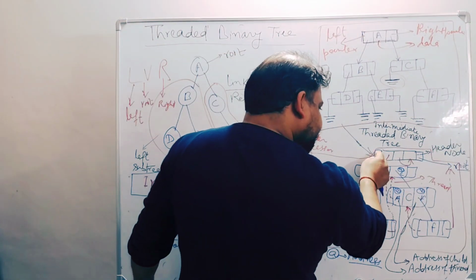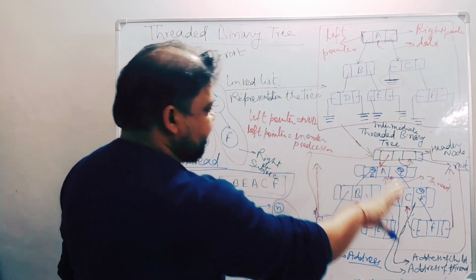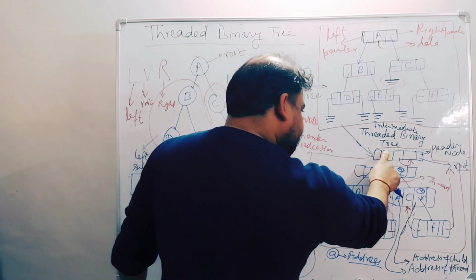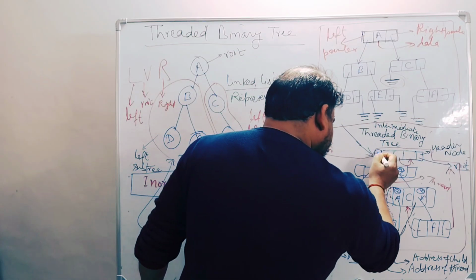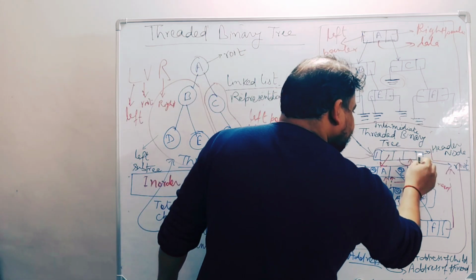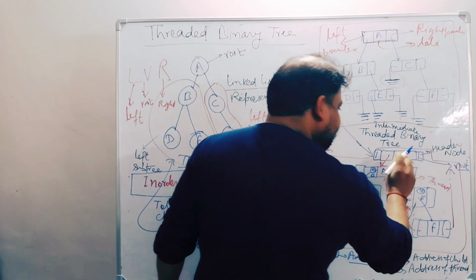This part is called left thread and this part is called right thread, and that will be in each and every node. If you have the left child, your left thread value will be 1, and if you have the right child, then your right thread will also be 1. So here it is 1. Clear?